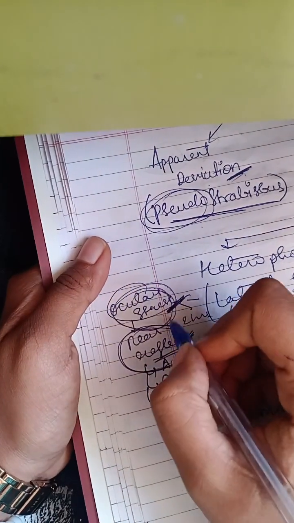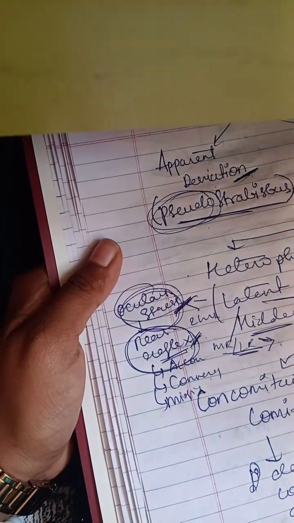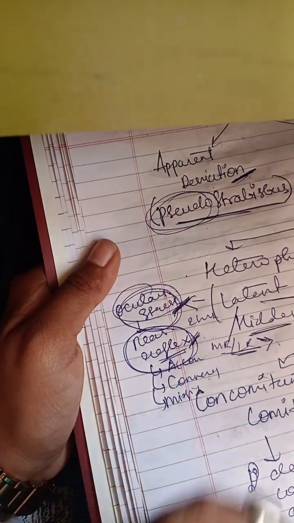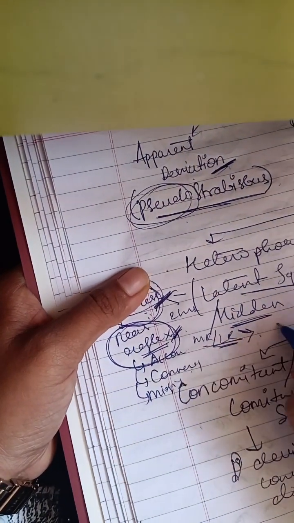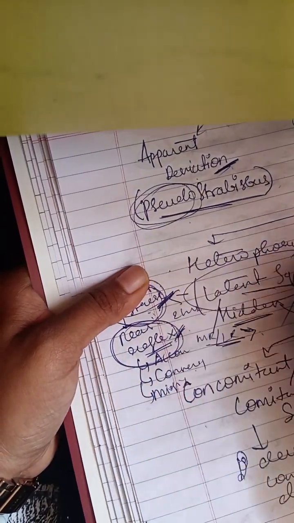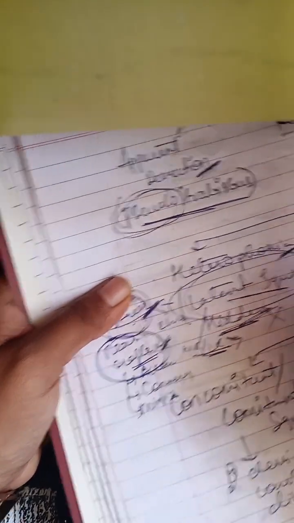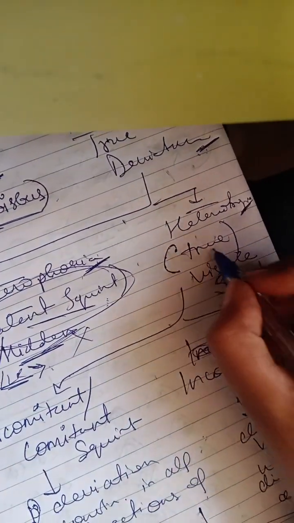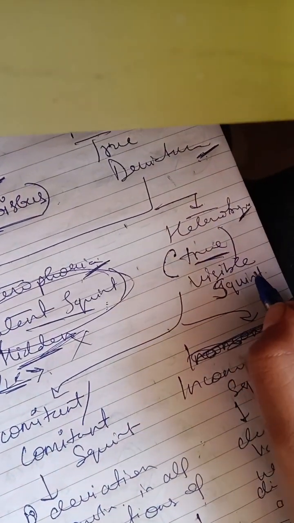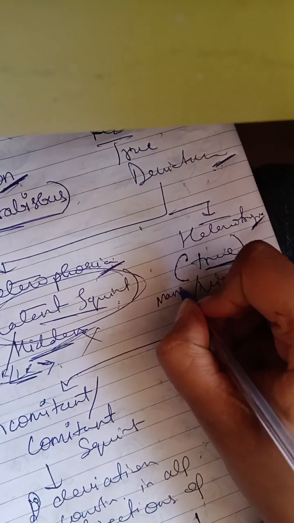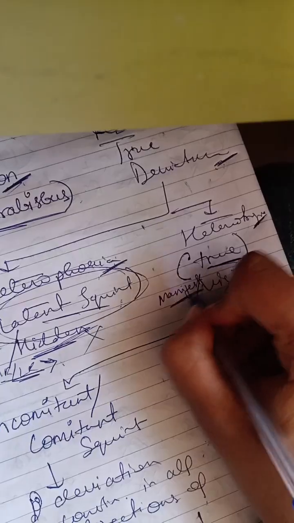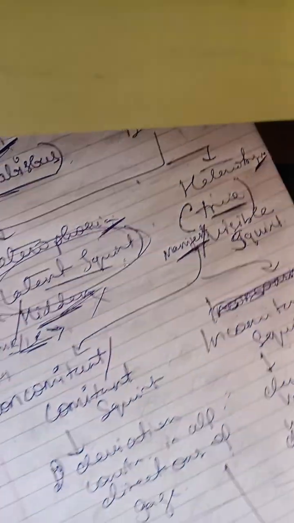The moment the ocular stress is gone, again deviation would be gone. So that is called your latent squint or hidden squint, heterophoria. Now we have heterotropia, which is your true squint or visible squint, that is, manifest squint, which can be seen in the patients.